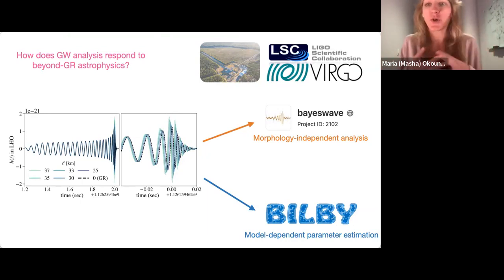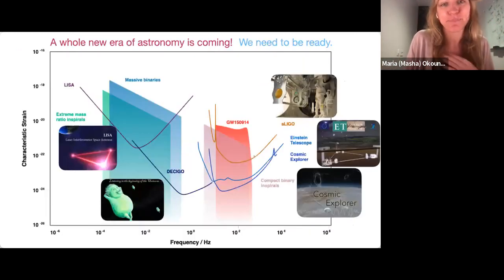So in other words, our beyond GR waveforms cannot mask as GR waveforms, but can be found in the data, which is exciting because there's this lack of degeneracy, and so potentially you could fully perform these model-dependent tests of general relativity in these specific theories.